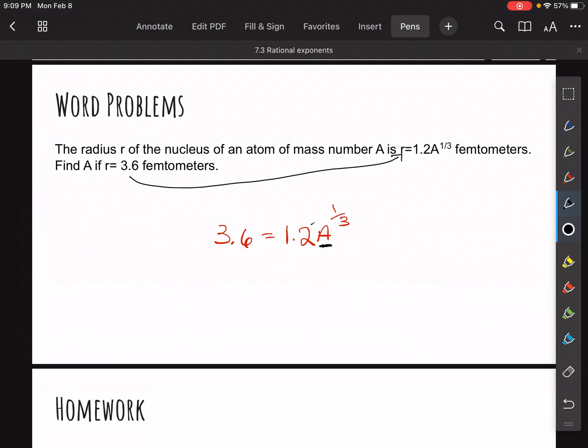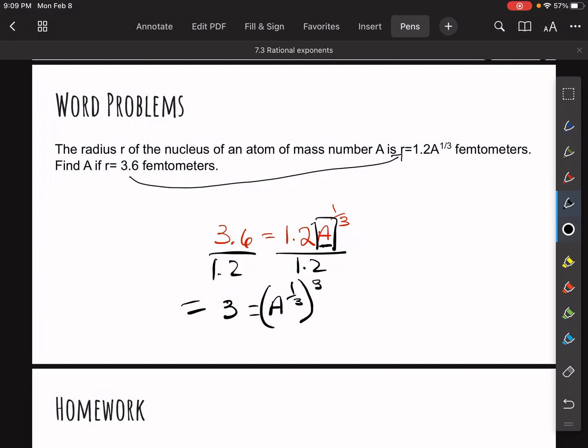Trying to get this thing all by itself. So to do that, I'm going to divide both sides by 1.2 first. Okay, when I do that, 3.6 divided by 1.2, I believe, is just 3. So that's 3 is equal to A to the 1/3. Now, if I wanted to get A by itself here, I could take this to the 3rd power, right?